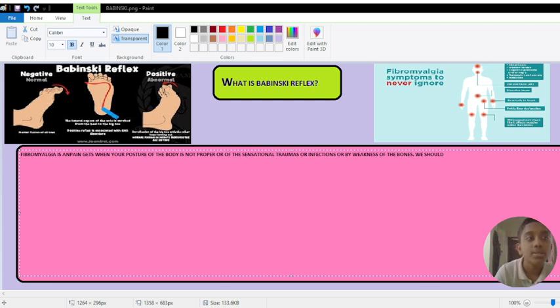This is used for adults, old women and men, children, babies, young children, and teenagers; all can be checked by the Babinski reflex. By the Babinski reflex, all central nervous systems can be verified. So I hope you understand what the Babinski reflex is.